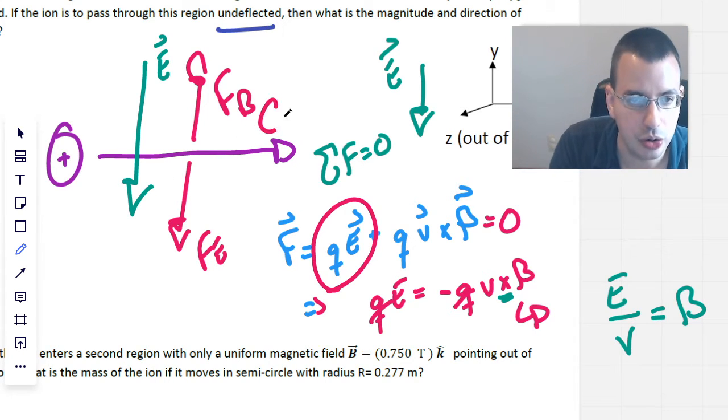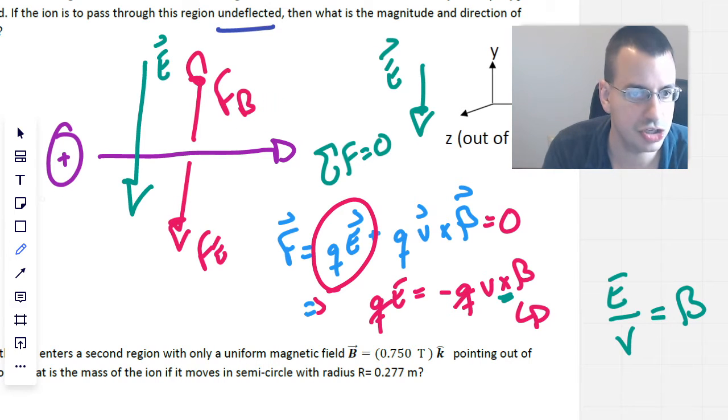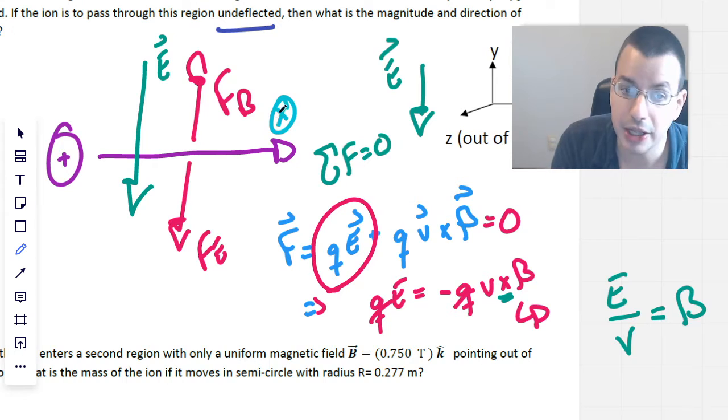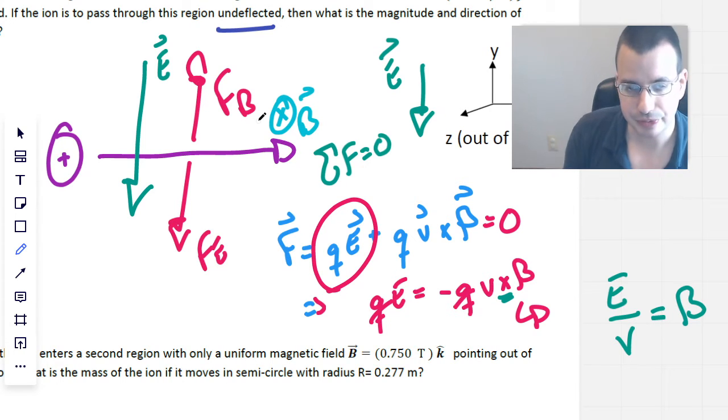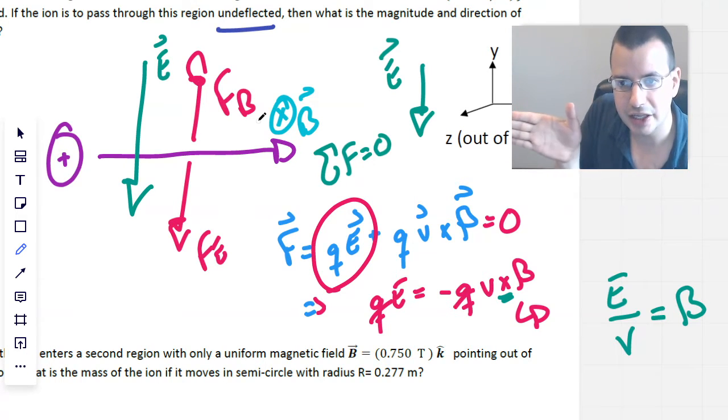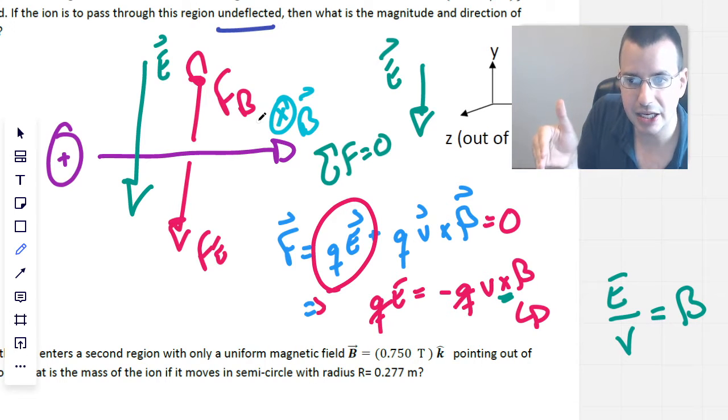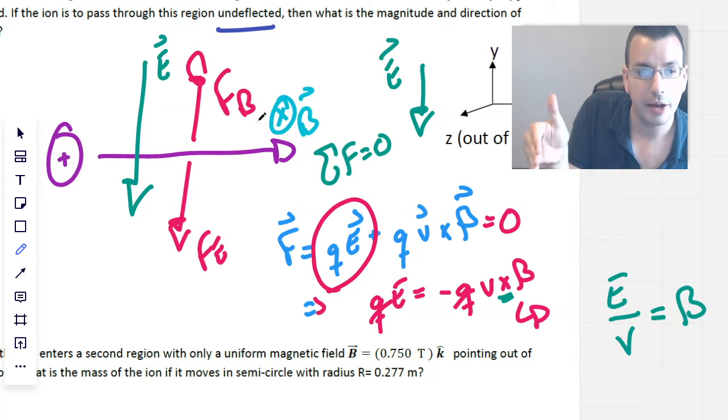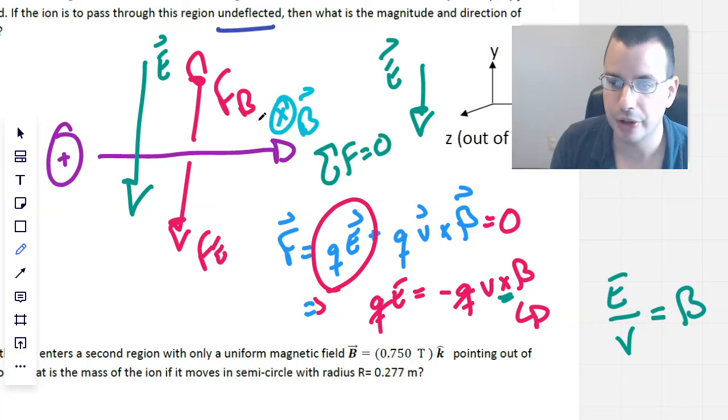Using a different color just to add a little flair to the board, magnetic field: V going to the right, B into the board gives us a force going up. Right-hand rule, how to do a cross product: V is the first one, B is the second.